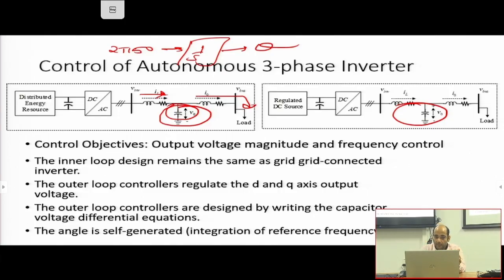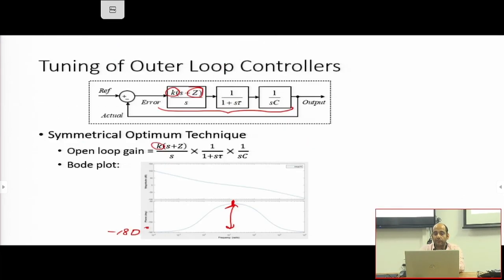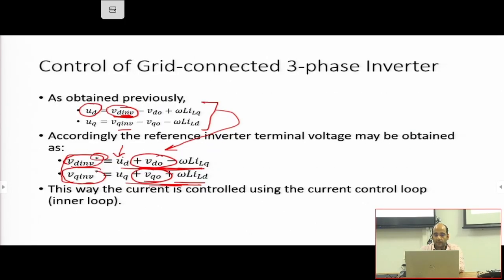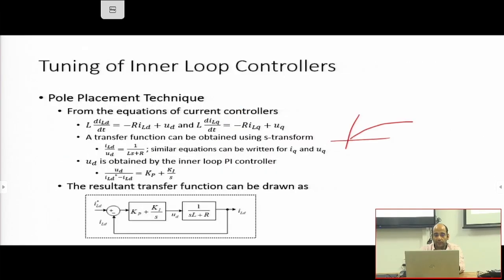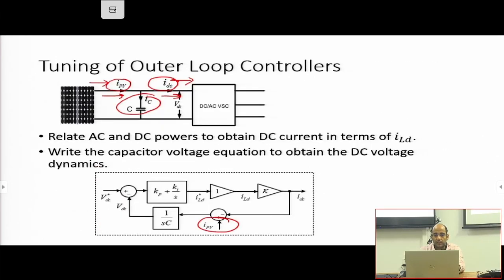Alright? Then what you can do, you can write the differential equation of this capacitor just like what you have done for the current here. So here we have written 3 phase. Remember what we have done for DC here, this was DC. Just DC, you can simply write C dV by dt, one equation.